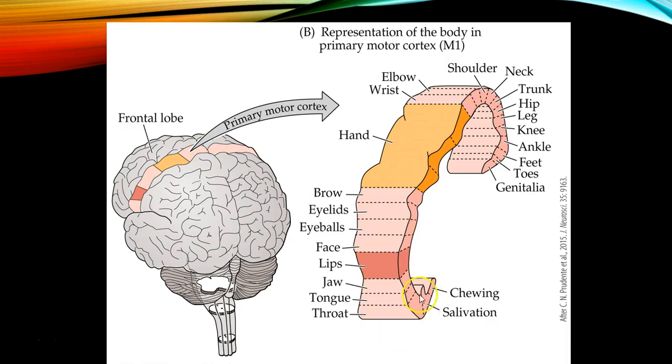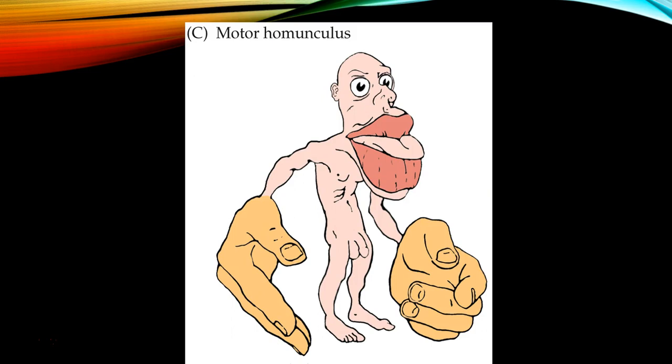So again, you've got different motor abilities to move: chewing, salivation, tongue, throat, jaw, lips, face, hands, with a very large representation of the hands because we use our hands to do so much and such fine movements, then wrist, elbow, etc. It's also set up in this motor homunculus, where we are able to do finer movements, like our hands, our lips and mouth for talking, our tongue.